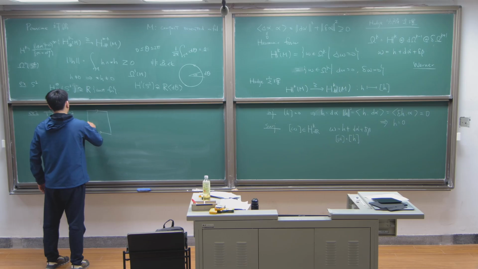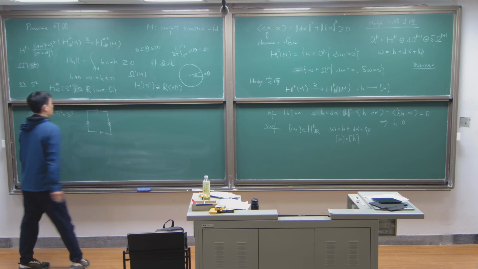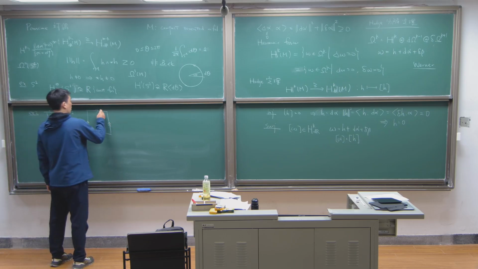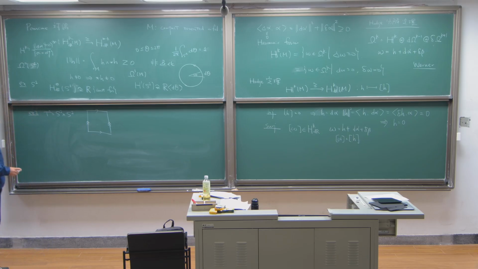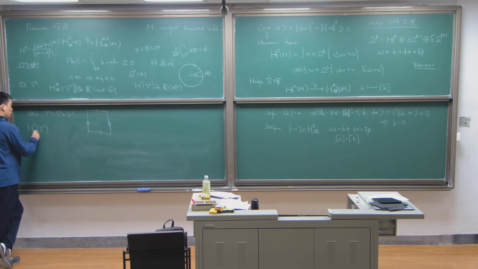The torus. H n of T2, de Rham cohomology. How to consider n equal to 0?